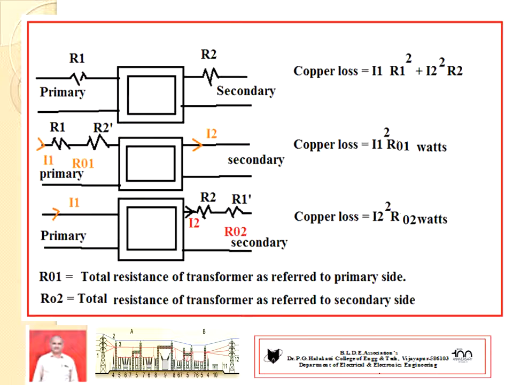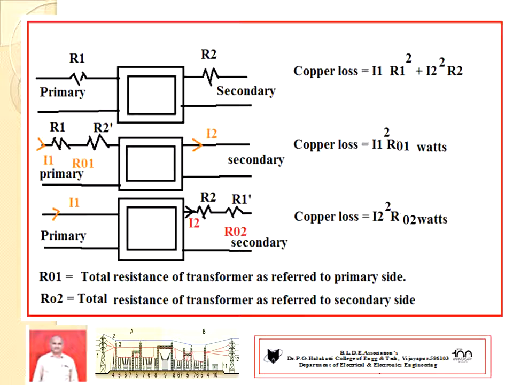In a similar fashion, R2 is the resistance as shown in figure 3. R2 is the secondary winding resistance and R1 is the primary winding resistance. It is shifted to the secondary side as R1 dash. Hence R1 dash and R2 are in series, and it is possible to calculate the equivalent resistance R02 as referred to the secondary side. What is the current flowing in the secondary?